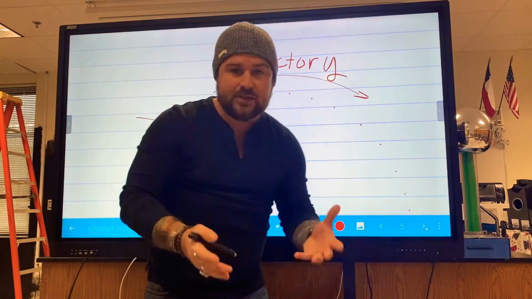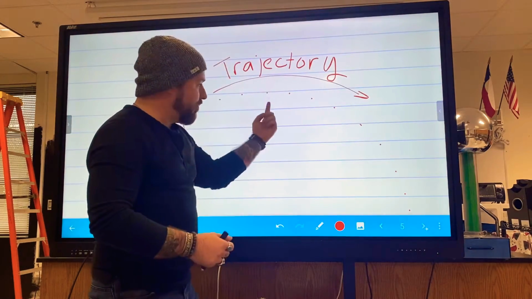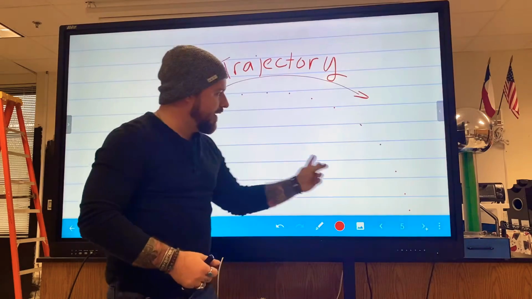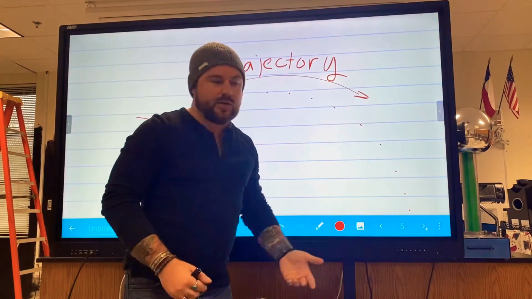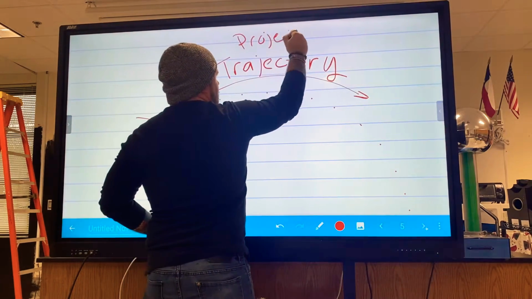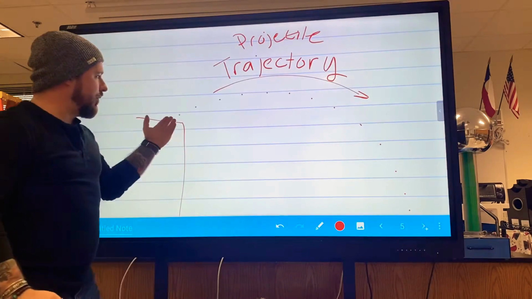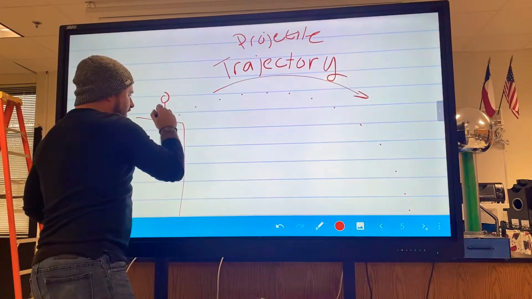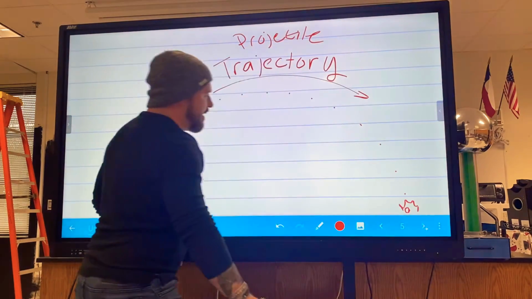And the trajectory is super important because if we want to know how high the projectile goes or how far it goes, we're talking about its trajectory, right? So we have two things. We have a projectile, right, that moves in a trajectory. So our rock here, if I'm throwing this rock, moves in a trajectory before it hits the ground, right?